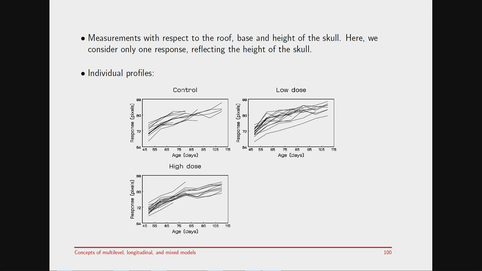A transformation that often works well in a case like this is a logarithmic transformation. So we can try it out. You can plot your outcomes as a function of the logarithm of age, and then see whether the profiles look much more linear than what we see in this picture.